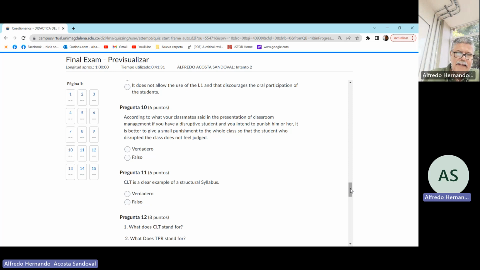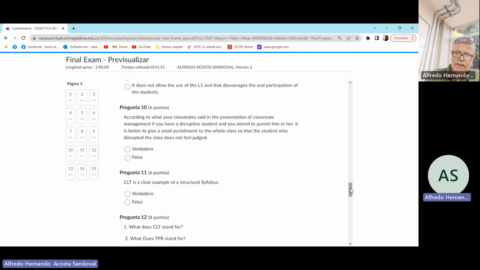According to what your classmates said in the presentation of classroom management, if you have a disruptive student and you intend to punish this student, the best idea is to punish the whole class so he or she doesn't feel judged. Well, they said completely the opposite.